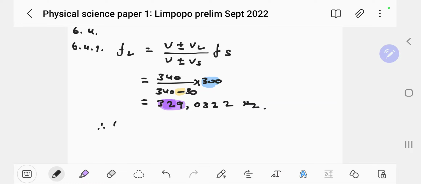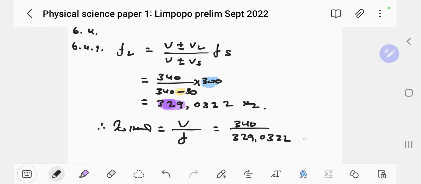We can say therefore the wavelength that is heard is equal to the velocity of sound in air divided by the frequency that is heard. So the velocity is 340 divided by the frequency, 329.0322.